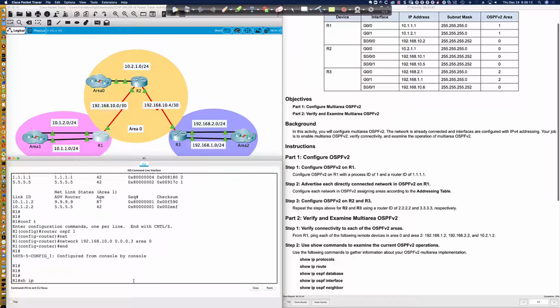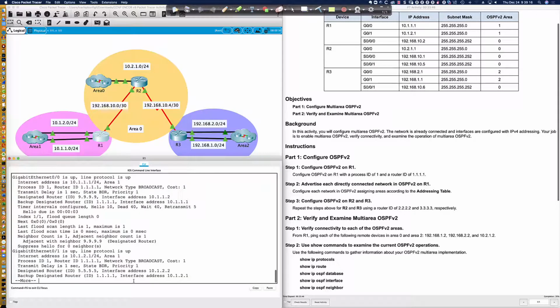Now, let's go ahead and say show IP OSPF interfaces. Now, I can't say interface brief, unfortunately. I wish they would add that in here. But what I can see is, take a look, Gig 0/0 is up. The network type is broadcast. My OSPF cost, right? We haven't talked a lot about layer 3 traffic engineering with OSPF or path manipulation.